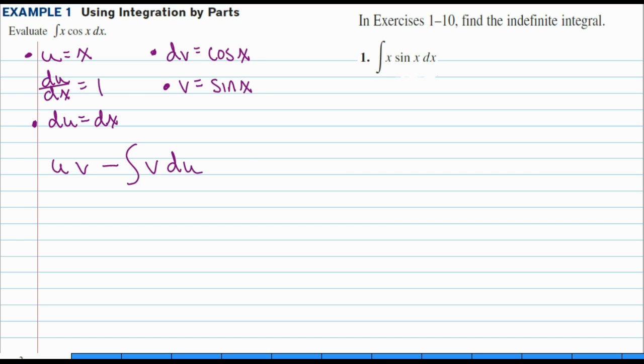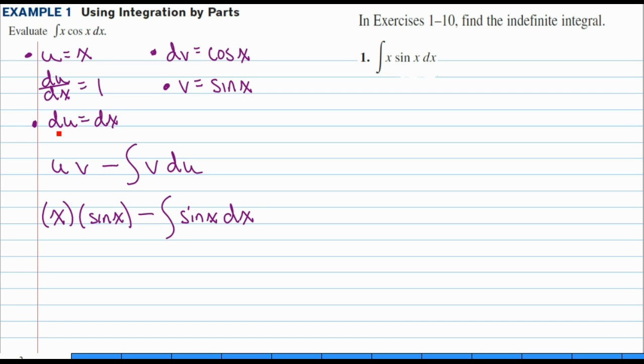Alright, so your formula is u times v minus the antiderivative of v times du. This is definitely something you have to have memorized. So u we called x. v we found to be sine of x. Then we have minus the antiderivative of v, which again is sine of x, and then du we found to be just dx.